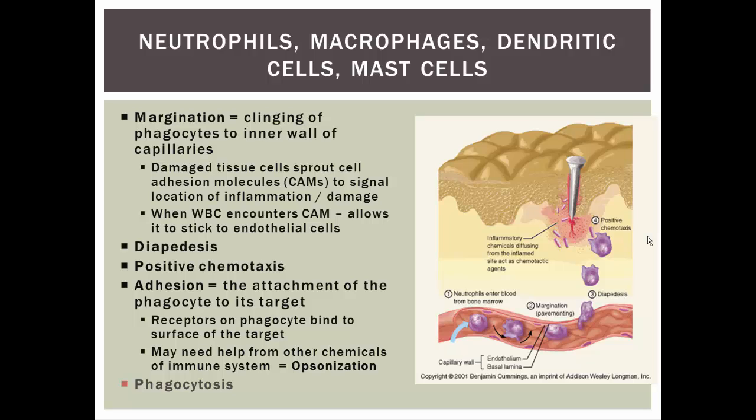But sometimes what the phagocyte has to grab a hold of is teeny, teeny, tiny, and it can't really grab a hold of it effectively. So it can't adhere to the bacteria. So we need help. And there are certain chemicals in our immune system that help in this process of the phagocyte adhering to the pathogen. And that's a process called opsonization.